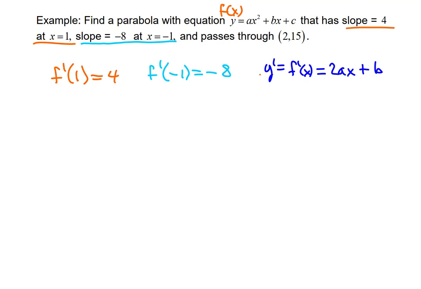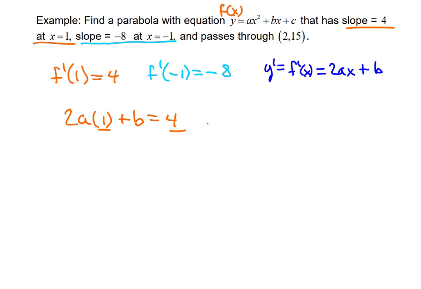If we take these two facts we've already written down, the first one being that f prime of 1 equals 4, now that we know what f prime is, we can find f prime of 1. We're just going to plug 1 in for x in the derivative. So this would be 2 times a times 1, so 2a plus b must equal 4.